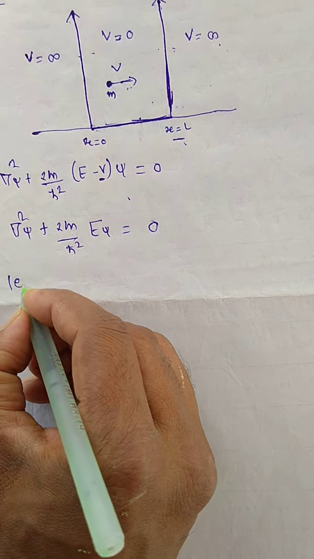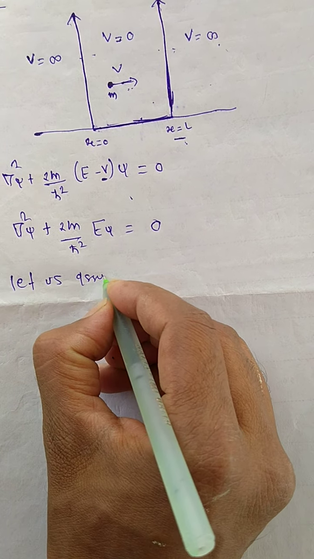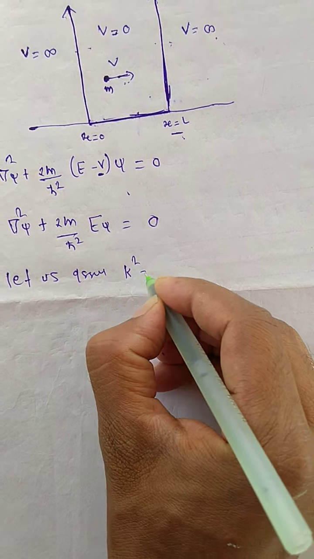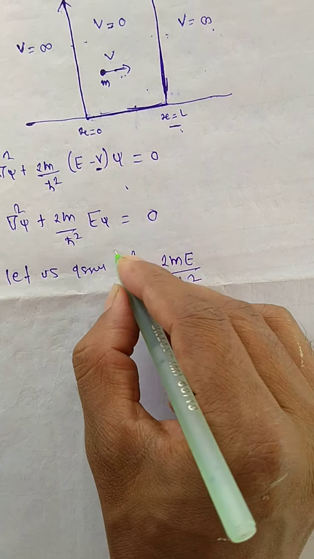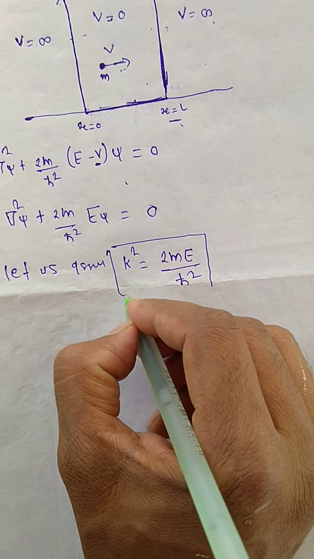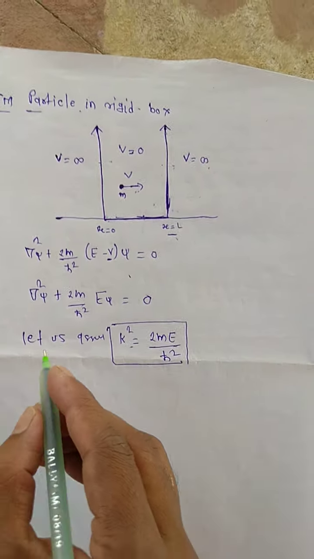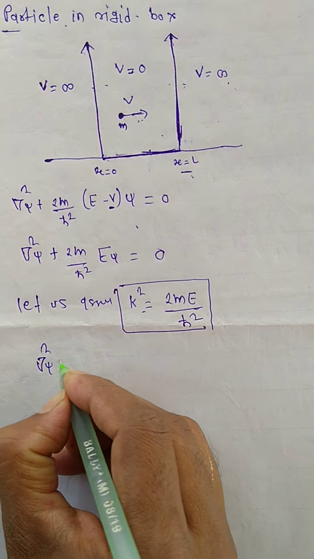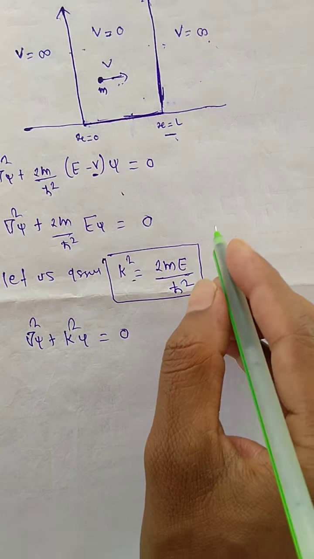Now let us assume k square is equal to 2mE upon h cross square. Then del square psi plus k square psi is equal to 0.